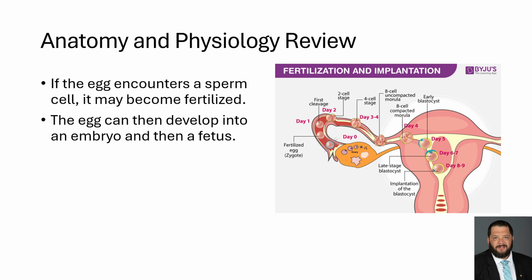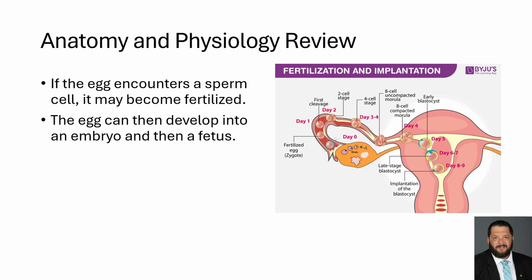The fertilization of the ovum into a zygote actually occurs within the fallopian tube. So when sperm is delivered into the vagina, it makes its way through the cervix, through the uterus, up into the fallopian tubes, where it then engages with the released egg, and fertilization can occur.